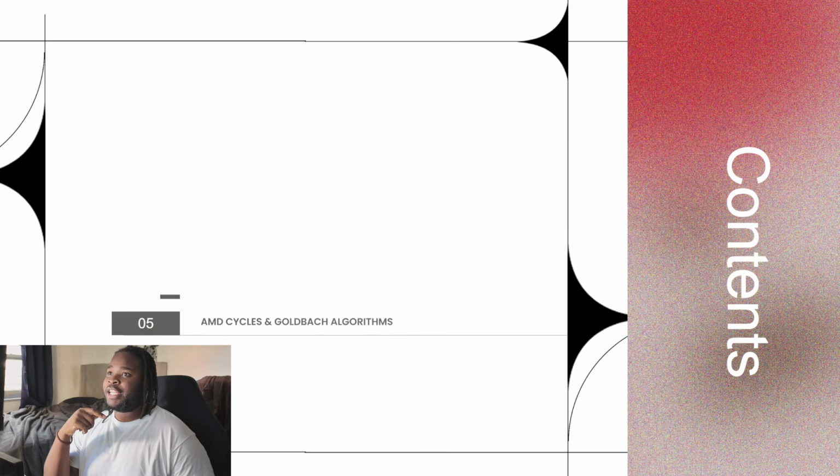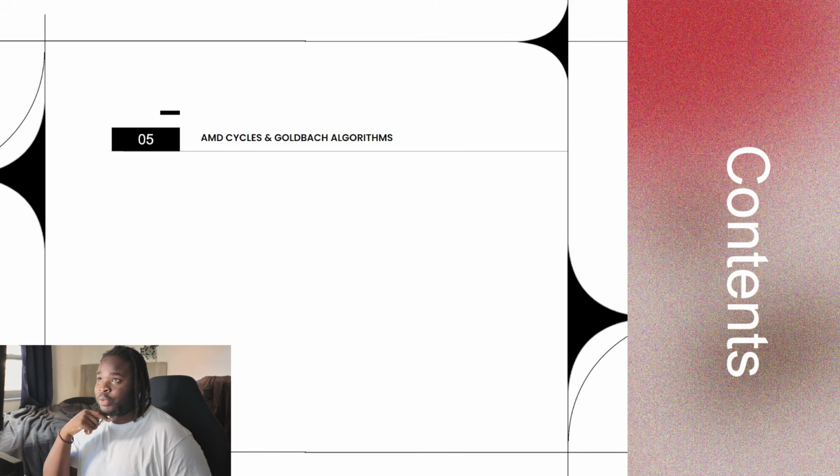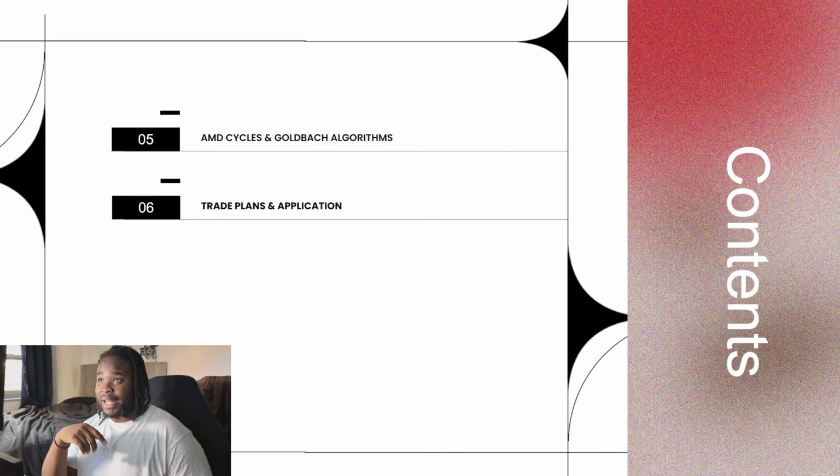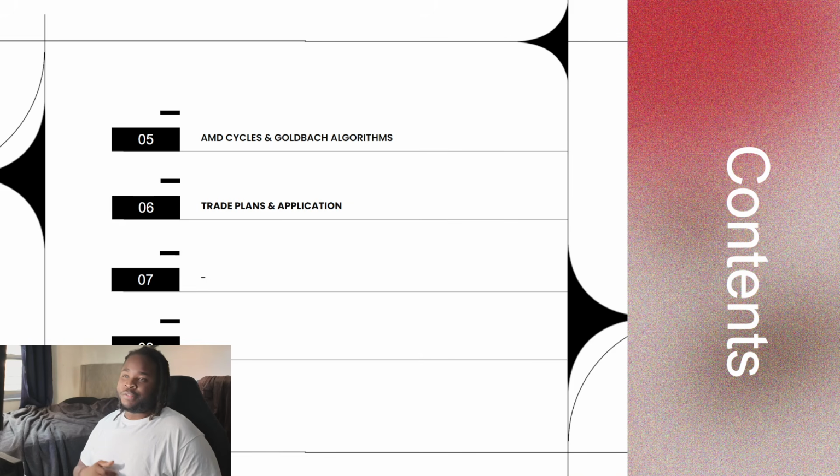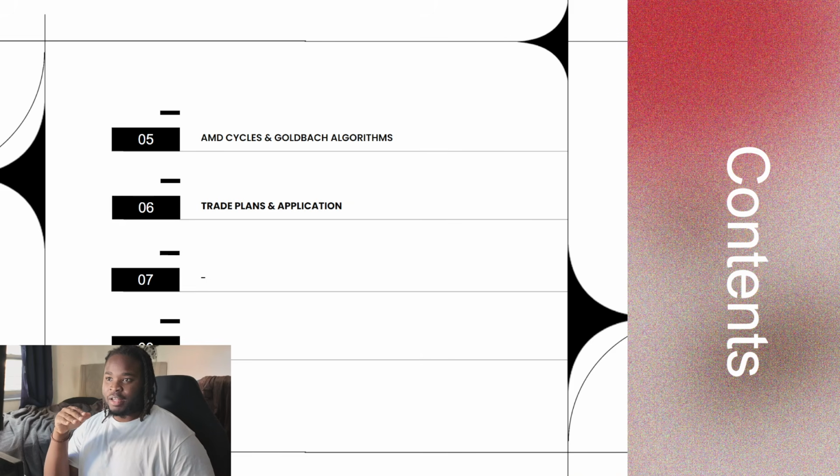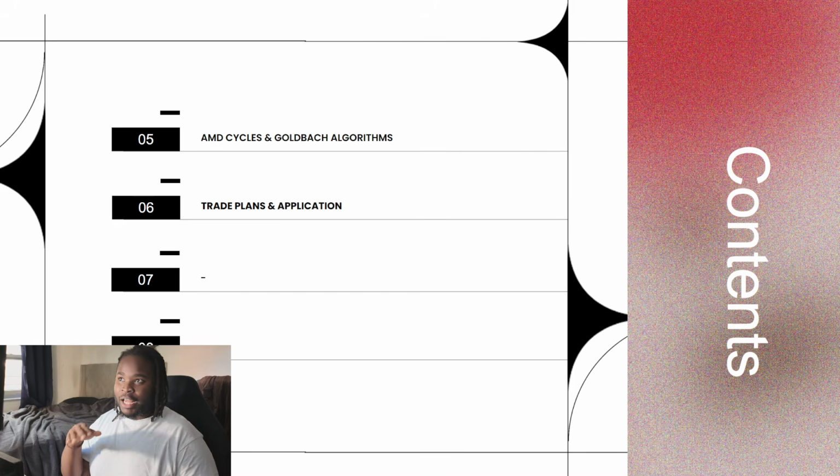We're going to be getting into AMD cycles and Goldbach algorithms, trade plans and applications. Okay. And then I'll have very specific addendums and additional modules for this guide that I won't include because it's not technically foundational, right? So let's get into it.